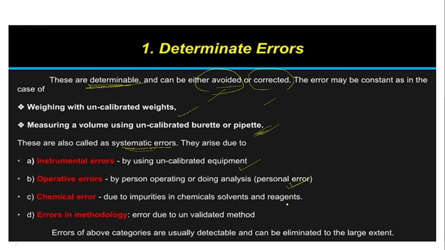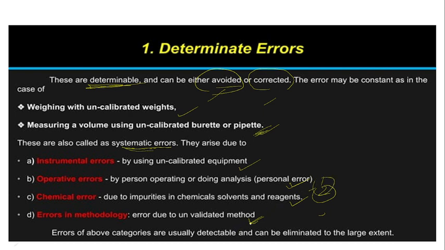Third is chemical error, which is due to impurities in a chemical, solvent, or reagent, or even taking an excess or deficient amount of a particular measured chemical. And fourth, error in methodology, which is error due to an unvalidated method. Sometimes it happens that we do not go step by step. We perform the second step before the first step. That may be an error in methodology.